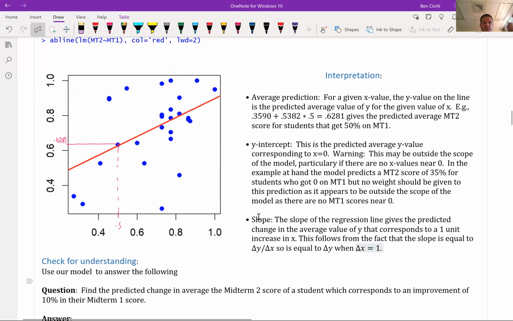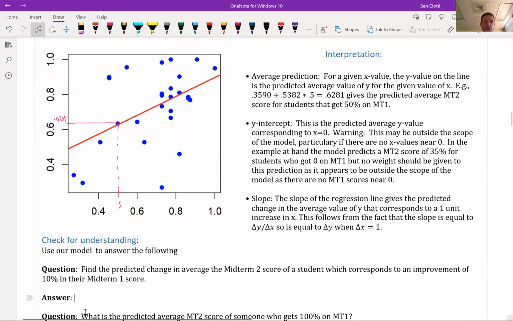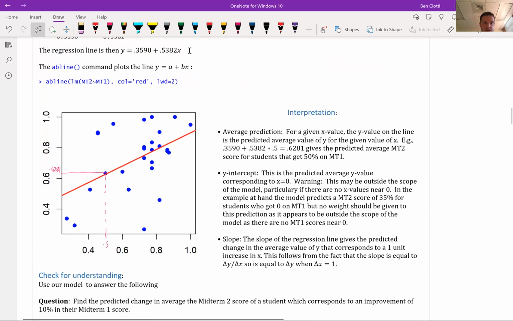All right, so like I was saying, it doesn't really make sense to increase your midterm 1 score by 100% because that would put you beyond the scope of the model. What if you increased it by 10%? Well, the slope is, what did we say it was? 0.5382.